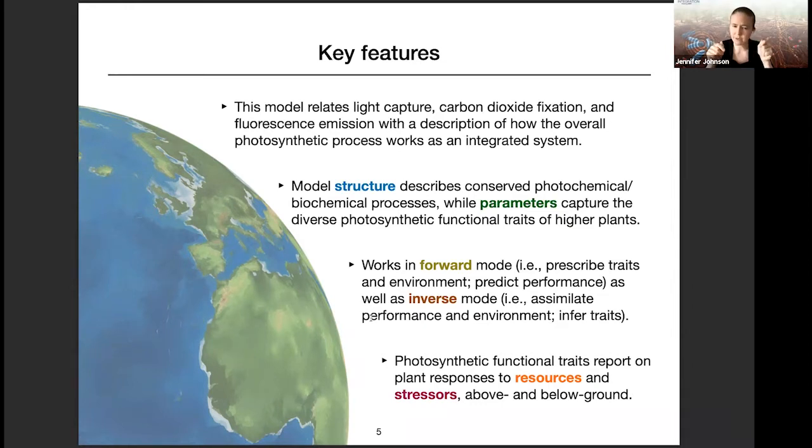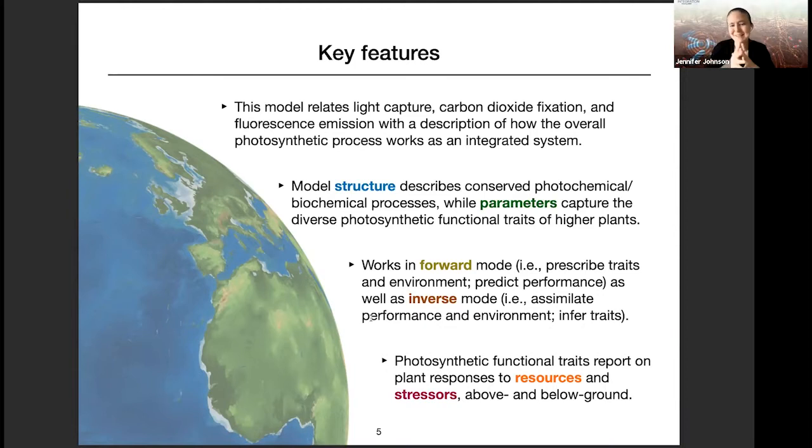This is a framework that can be used both in a forward mode, where you would predict the physiologic performance based on defined functional traits under particular environmental conditions, but it can also work in an inverse mode, where measurements of physiologic performance under particular environmental conditions are treated as model inputs, and the photosynthetic traits are inferred as outputs.